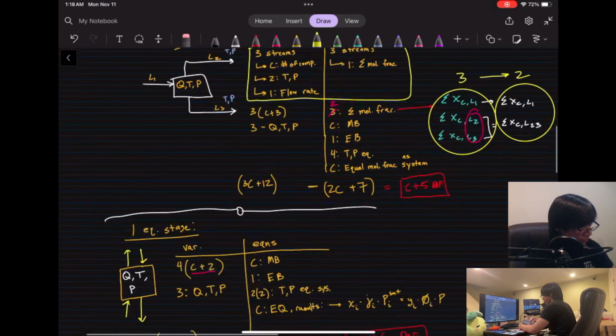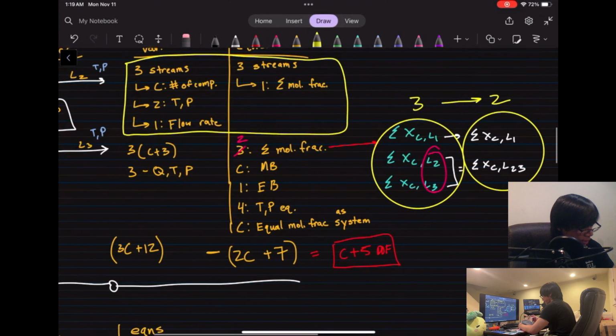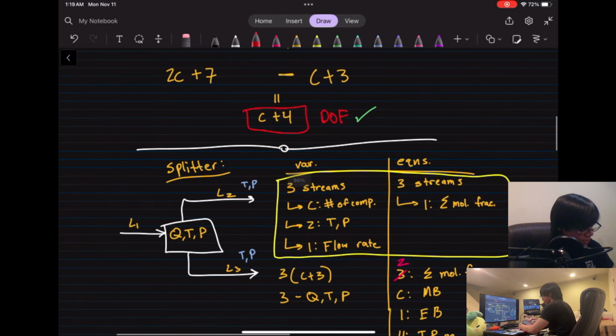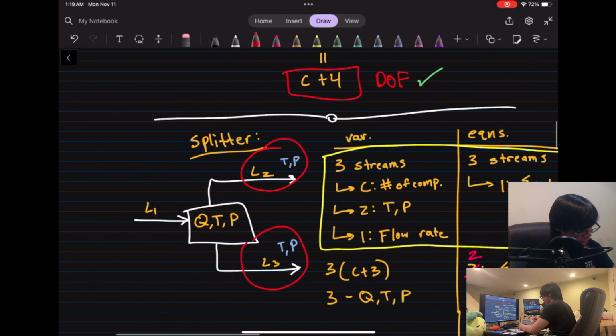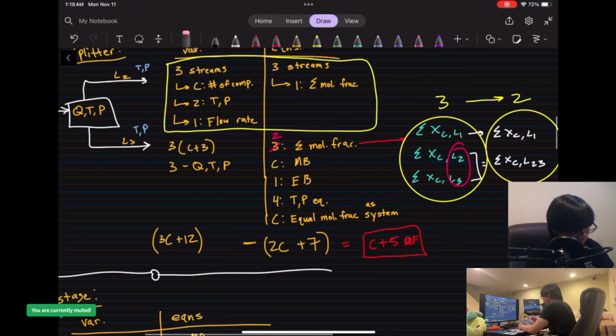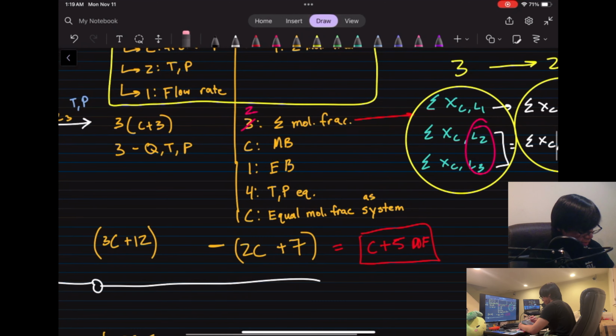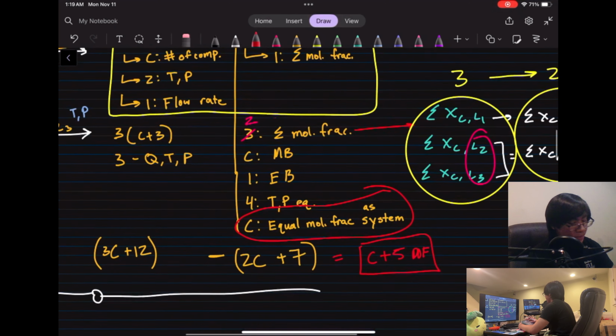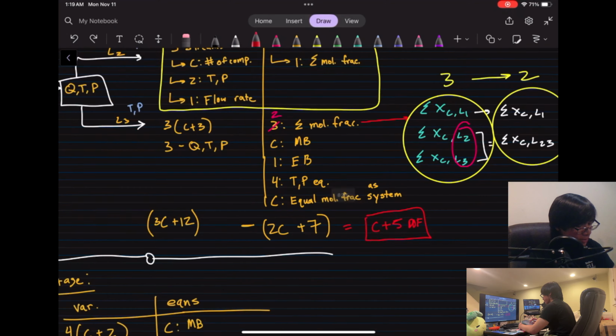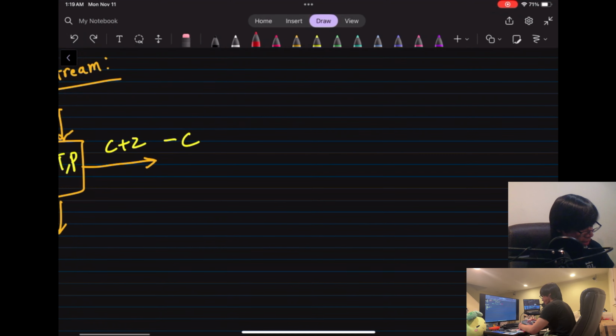Where's the splitter? Right here. We already know the molar fractions of these outgoing streams that we're taking out is equal to our system. And the components of those streams are the same as the system. So honestly, it's just right here. So this equation or number of equations also applies to this side stream since we're taking it out.